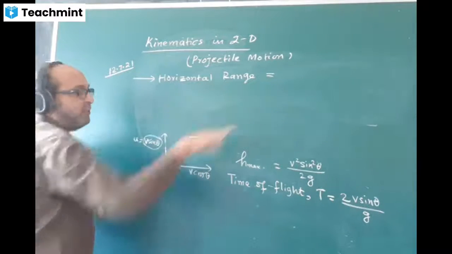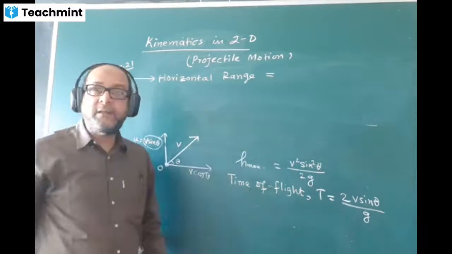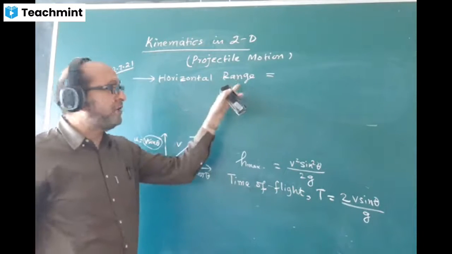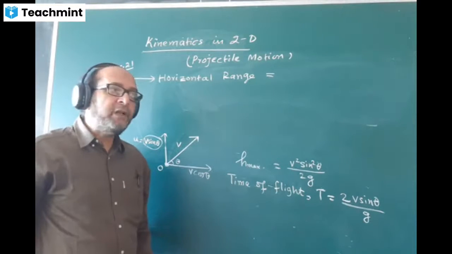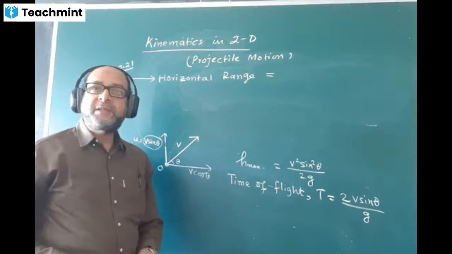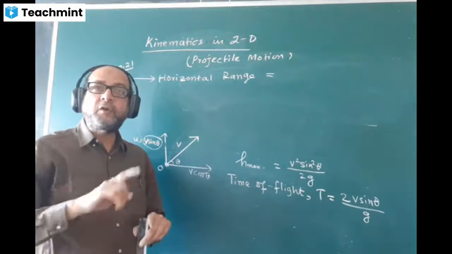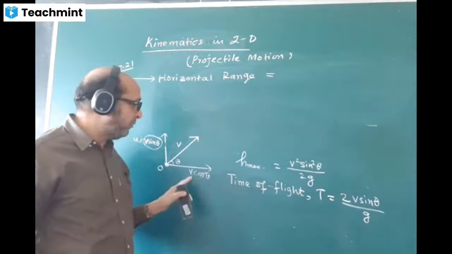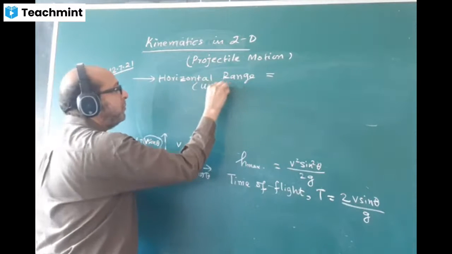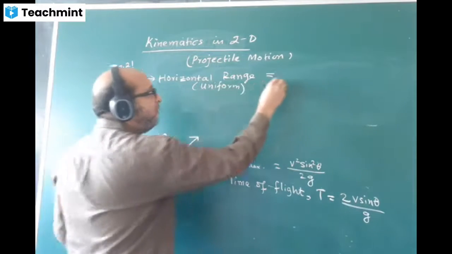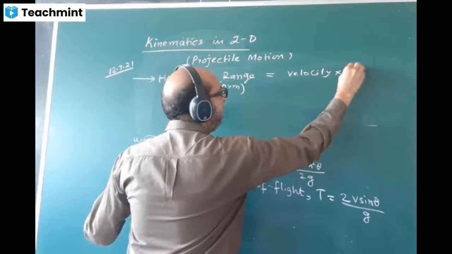The body is covering a horizontal distance as well, and we are finding the value of that range. Range means distance, so distance is equal to velocity into time, because horizontal motion is uniform motion. We have only one formula: velocity into time.